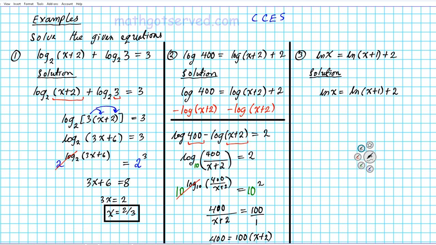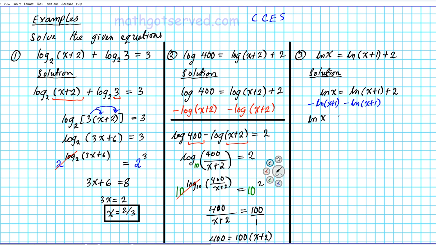We want to collect the log terms to one side. So we're going to move ln of x plus 1 to the left. We'll subtract ln of x plus 1 from both sides so that we have the number isolated on the right, and the log terms are collected nicely on the left side.